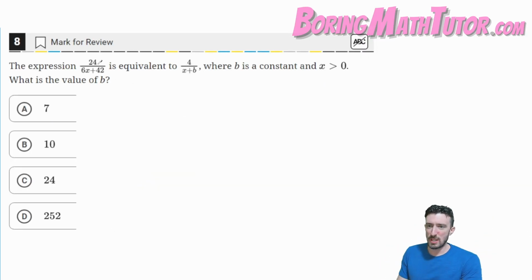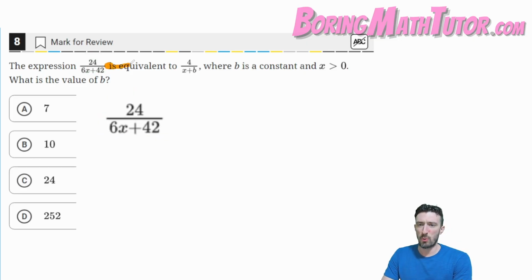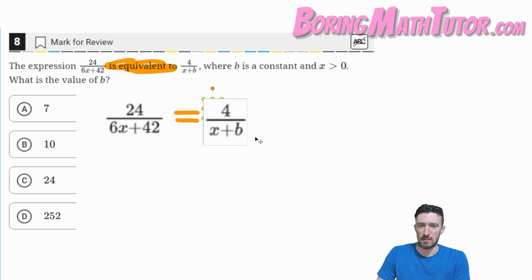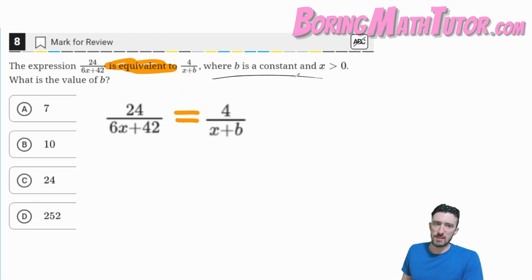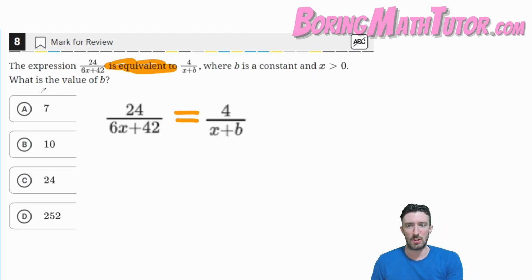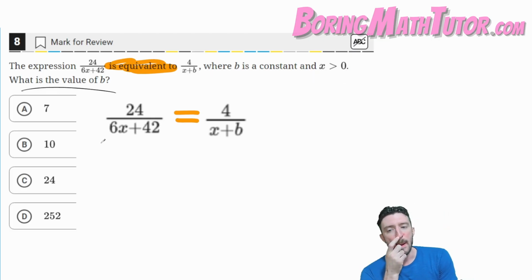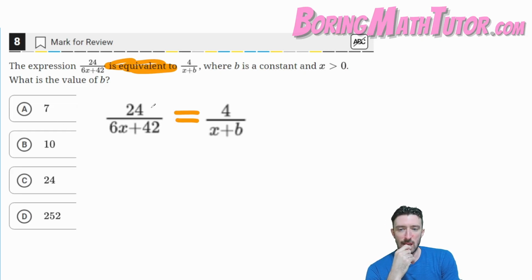The expression blah, blah, blah is equivalent to blah, blah, blah, blah, blah, where b is a constant and x is greater than 0, what is the value of b? Let's see. I think I can divide this by 6, and I could even divide these by 6 as well.